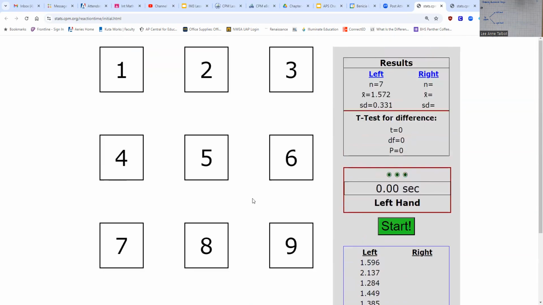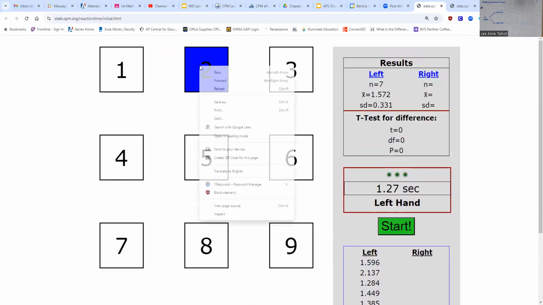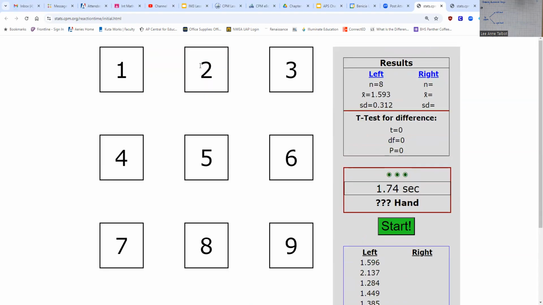Oh, no. Run this back. Click the wrong button. It's okay. Wow, it's not broken. Nice, you got lucky.